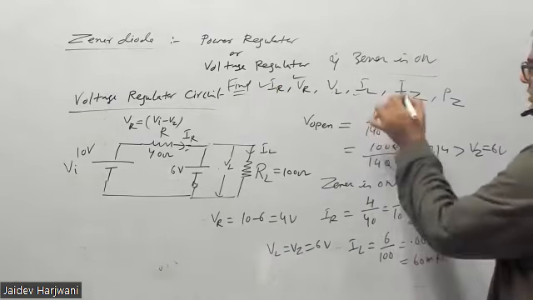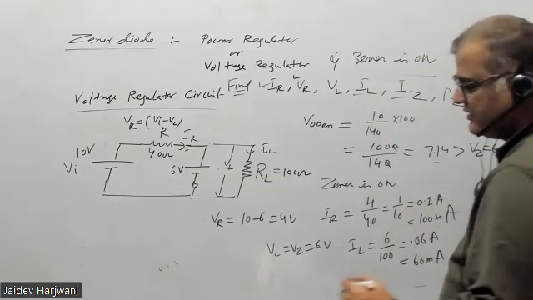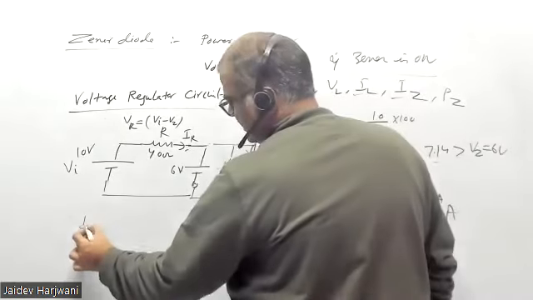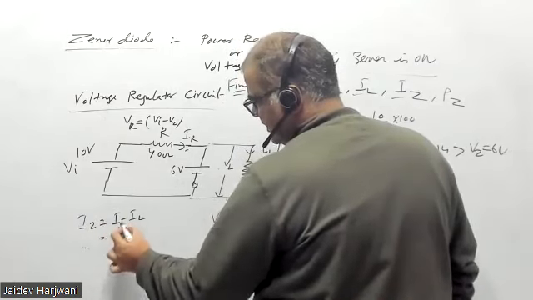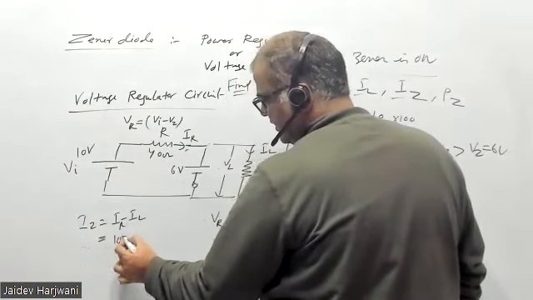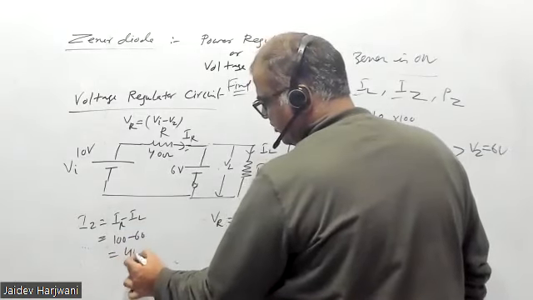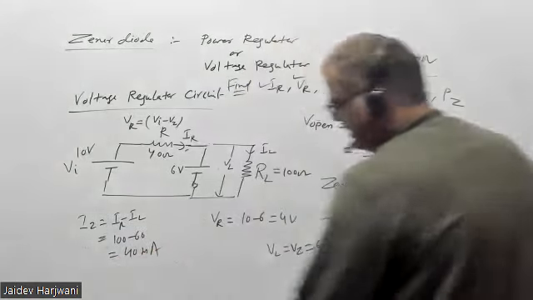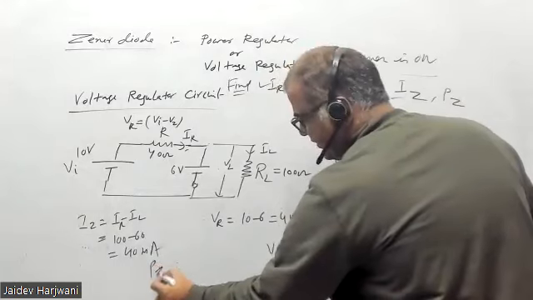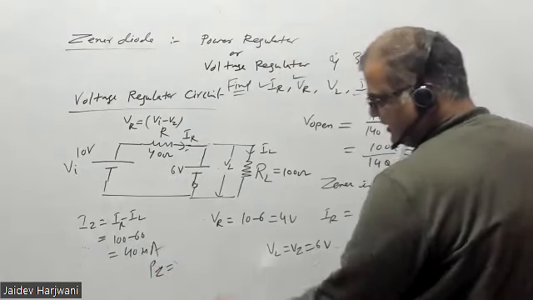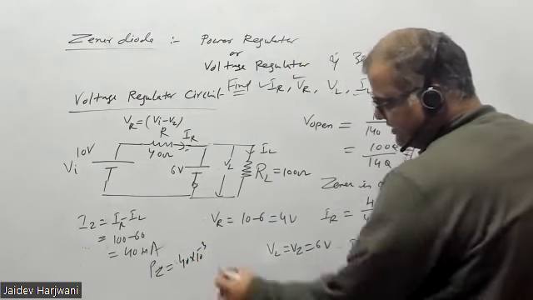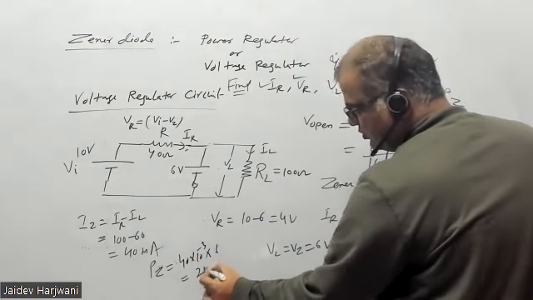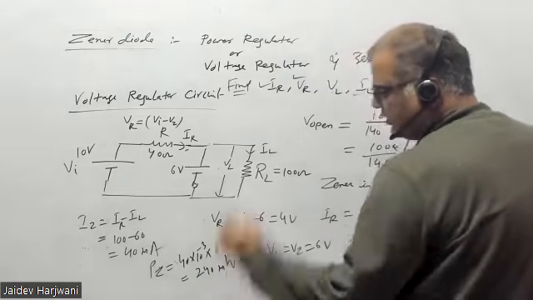IL is known, so IZ will be IR minus IL, that is 100 minus 60, that is 40 milliampere. And PZ will be IZ, 40 milliampere, times VZ, 6 volt, that is 240 milliwatt.